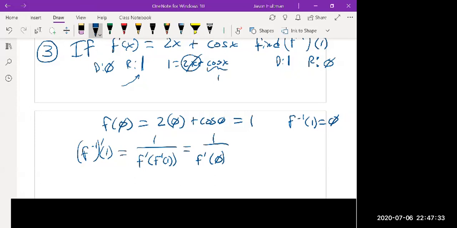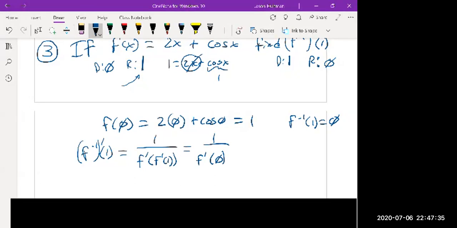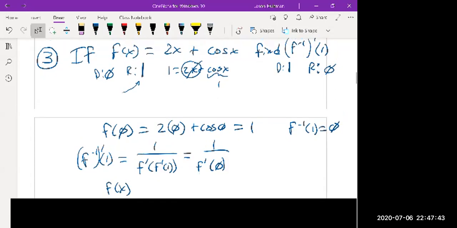And so all I have to do is figure out what f prime of 0 is. Well, that's not too tough. If f of x is equal to 2x plus cosine x, then what's the derivative of f? What's the derivative of f going to be? Anybody?